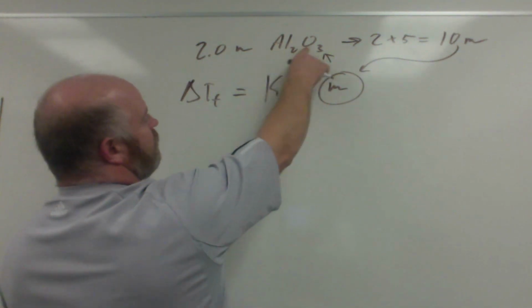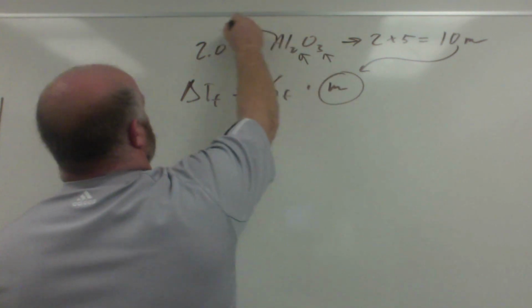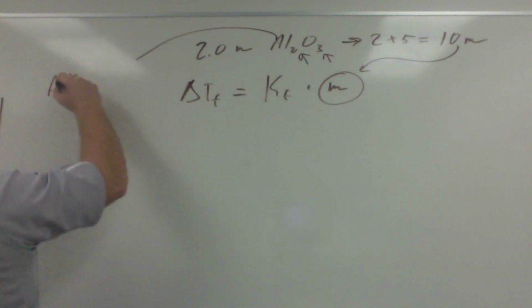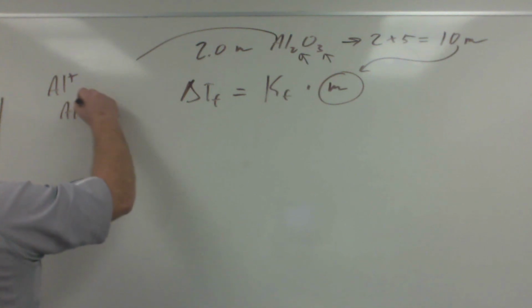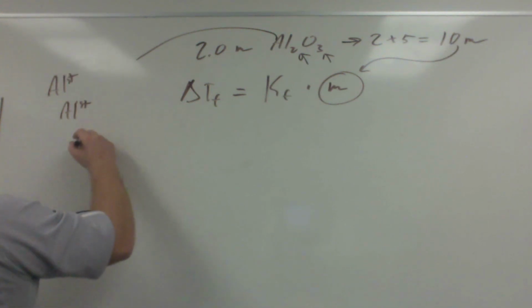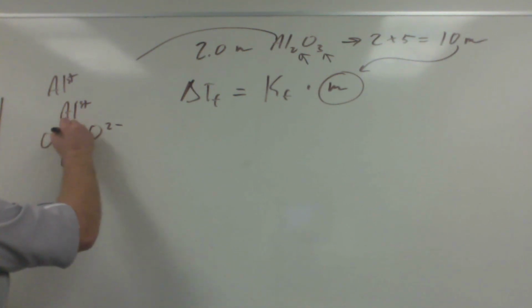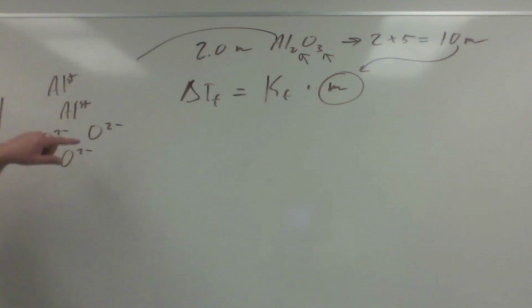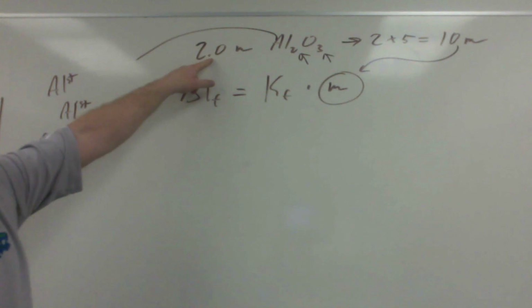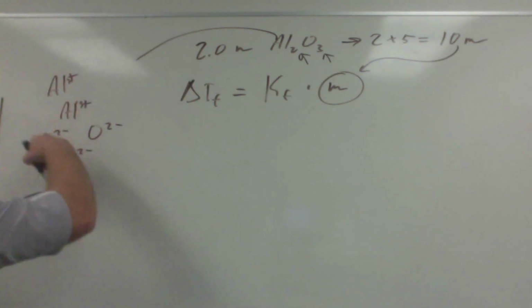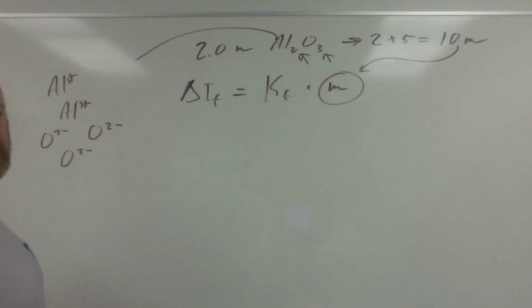When this thing splits apart, you're going to get 5 different ions. So if it's 2 mol, you actually have to double this. You end up with 10 ions in solution for that.